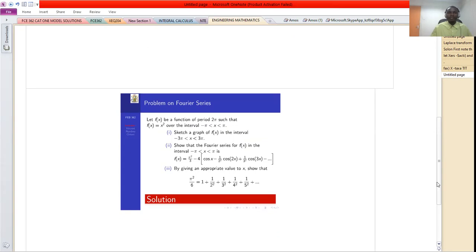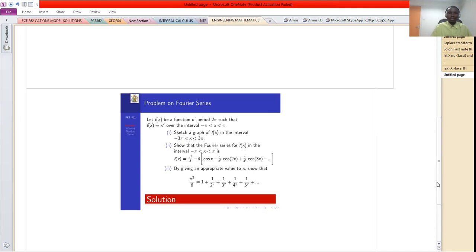First is to sketch the graph from minus 3 pi to 3 pi, and then to show that the Fourier series of the function is given by pi squared over 3 minus 4 times cos x minus 1 over 2 squared cos 2x plus 1 over 3 squared cos 3x minus etc. And then to give an appropriate choice of x that will give the series as pi squared over 6.